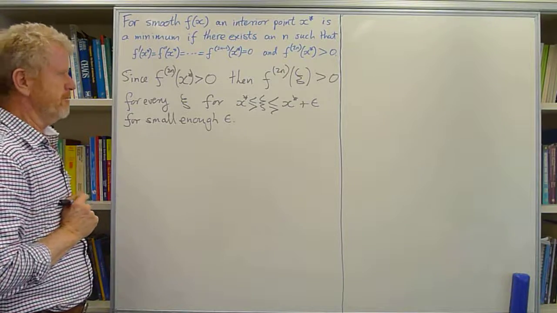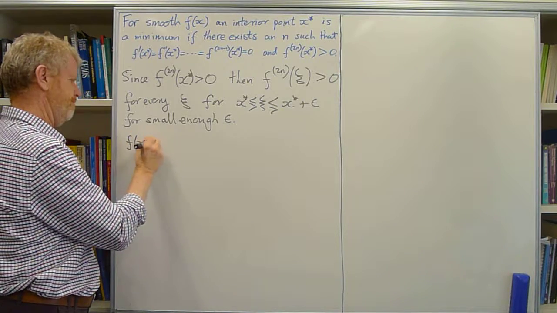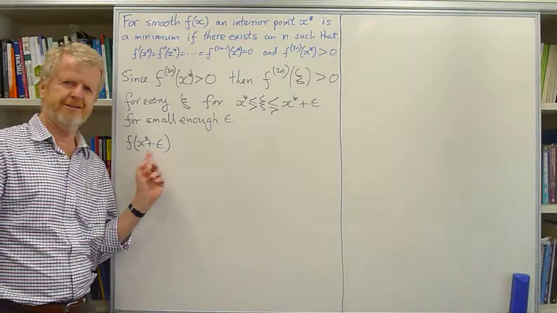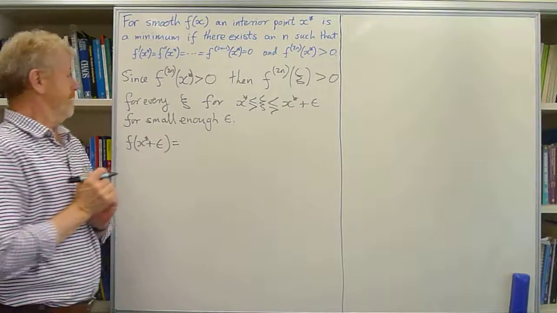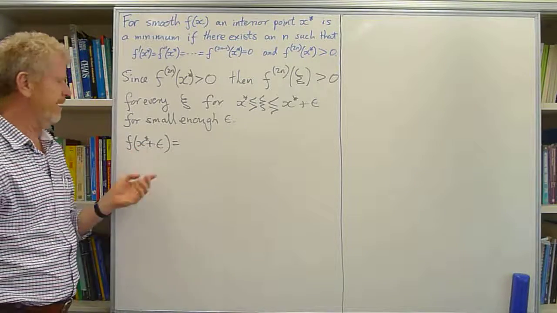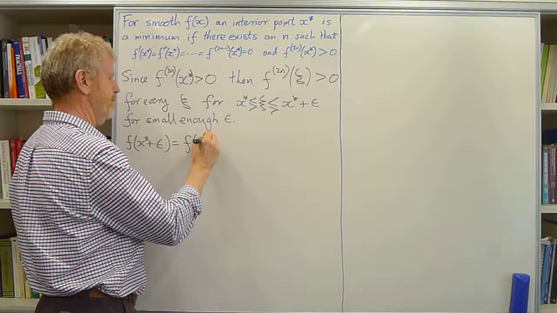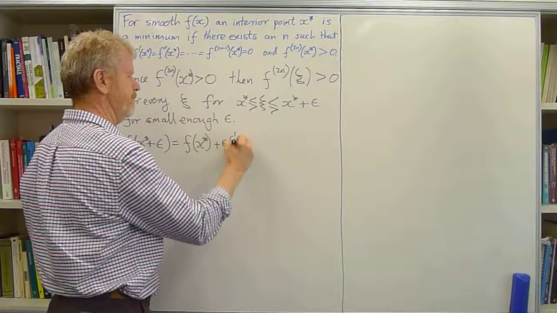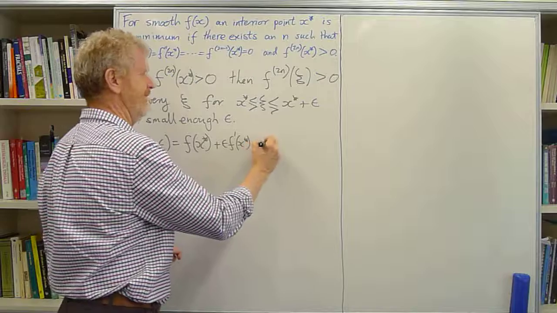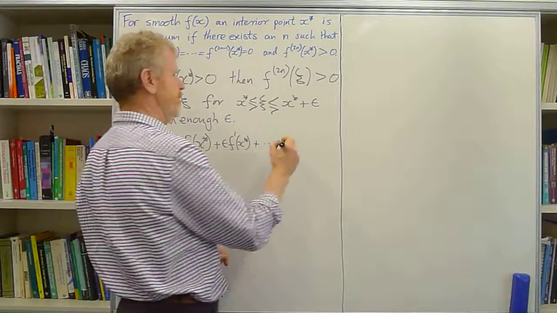Now let's have a look at Lagrange's remainder theorem. It says the function f evaluated at x star plus some epsilon can be expanded in a Taylor series up to some order as follows, a Taylor series based at x star, of course. Namely, it's f of x star plus epsilon f dashed of x star plus a half epsilon squared f double dashed, and so on, up to the 2n minus 1 derivative.